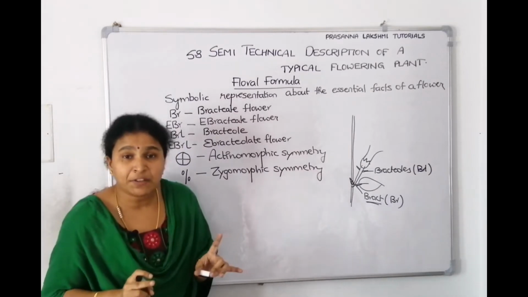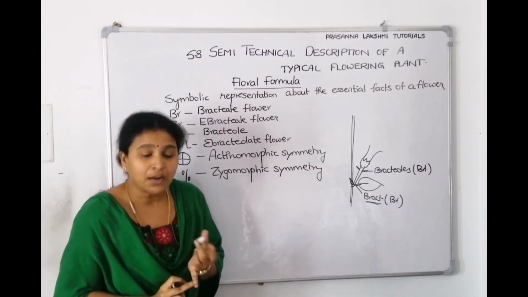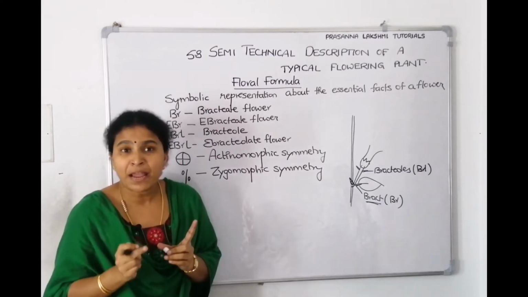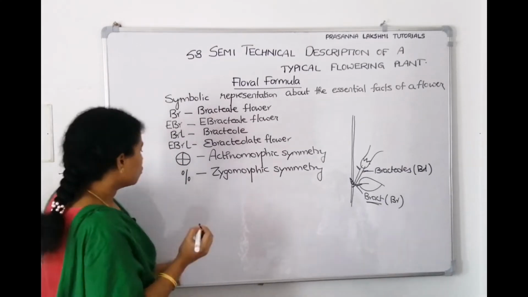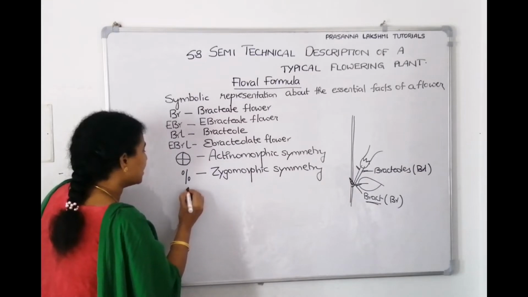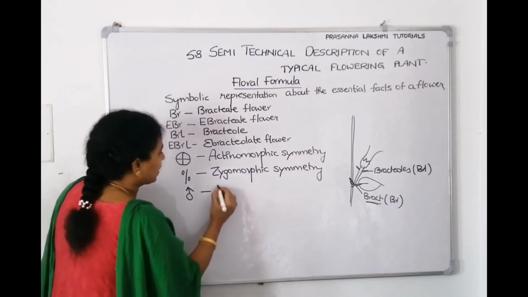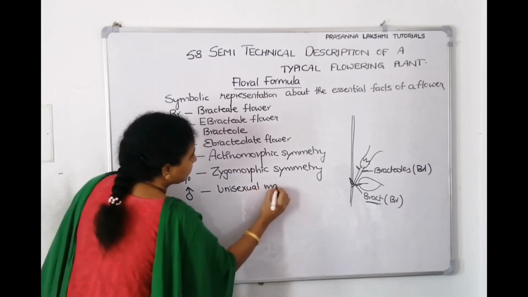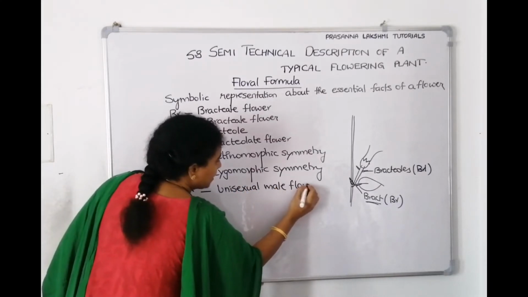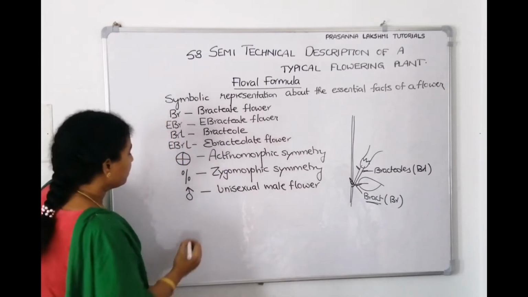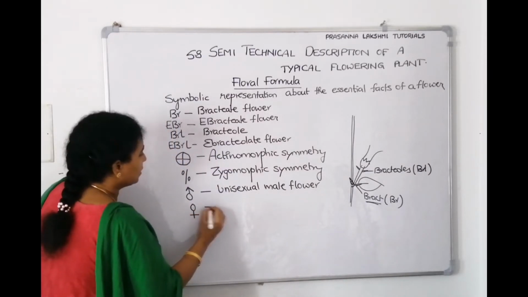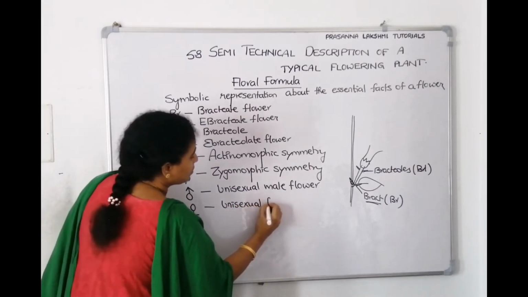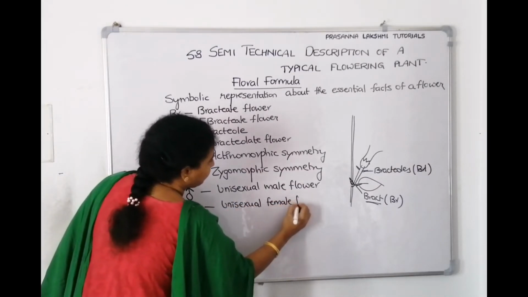Then the sexuality of the flower, whether it is a unisexual male flower or a unisexual female flower or a bisexual flower. If it is a unisexual male flower, what symbol do we use? So we use this symbol, usually this is male, right? So this symbol represents a unisexual male flower, whereas this symbol represents a unisexual female flower.